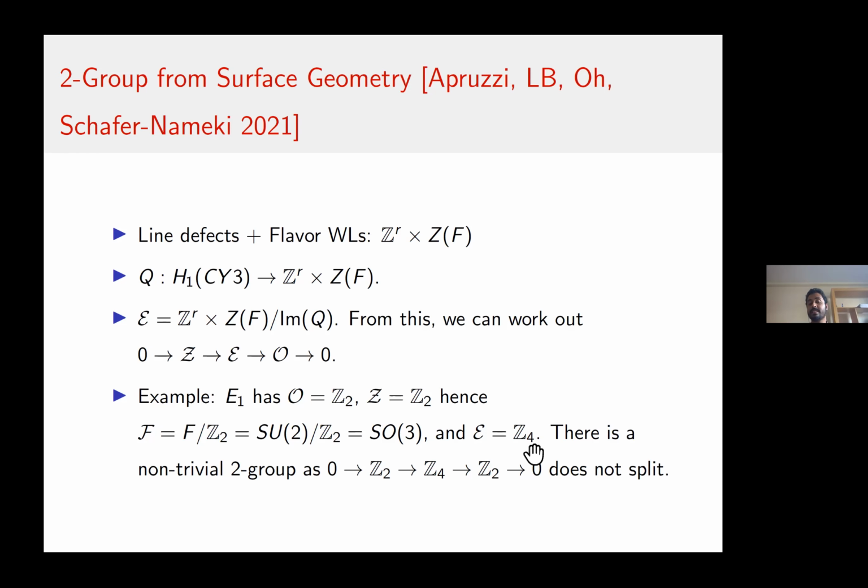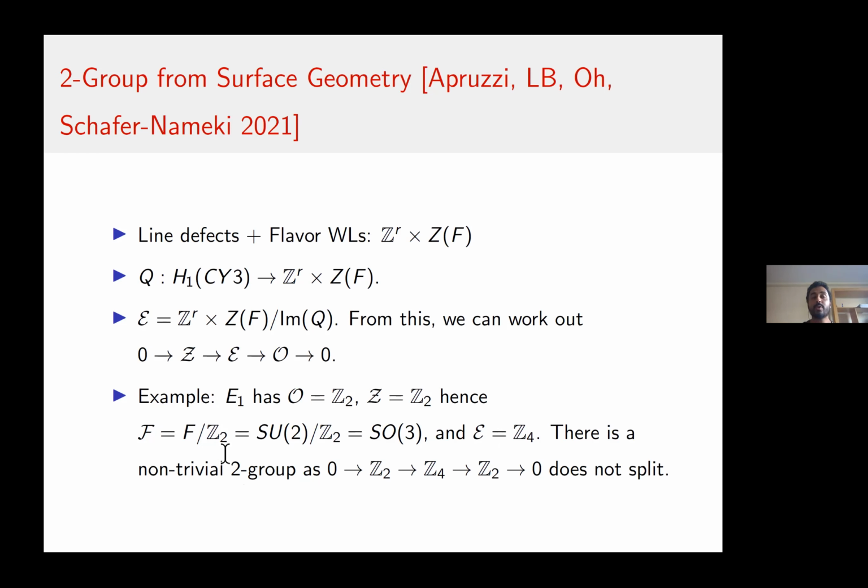And we find that this is actually a Z4. So the short exact sequence formed by these three groups, Z, O and E, is a sequence which does not split. And so the even theory should have a non-trivial 2-group symmetry. Okay, and now using surface geometries, you can compute 2-groups for arbitrary 5D SCFTs as well.